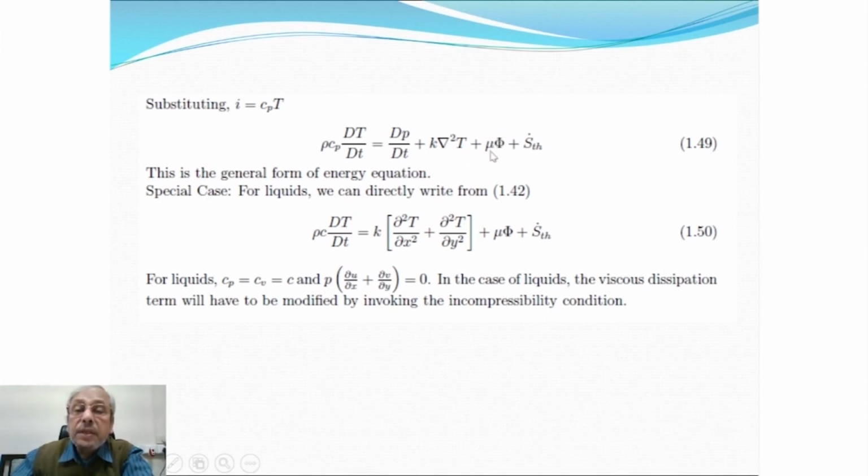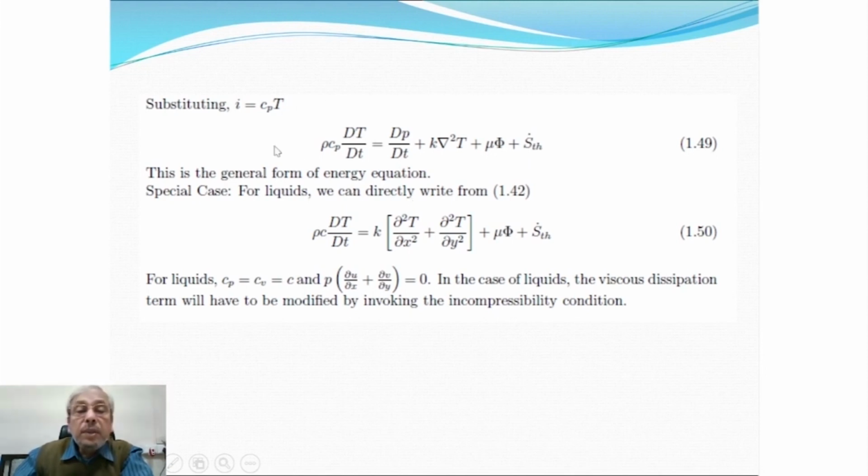This phi is basically the viscous dissipation factor. This is total viscous dissipation into thermal energy generation. This is a general form of the energy equation. Now in 2D or 3D, you can expand it according to your requirement.